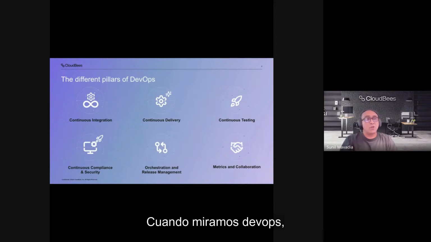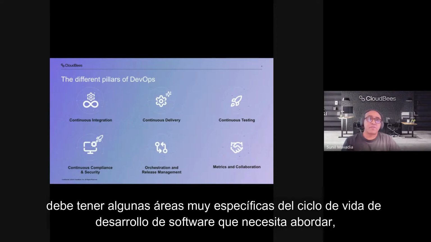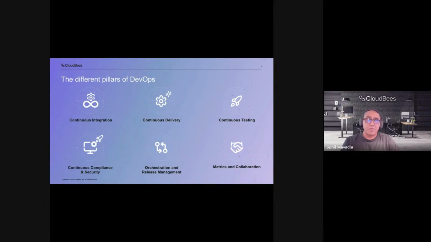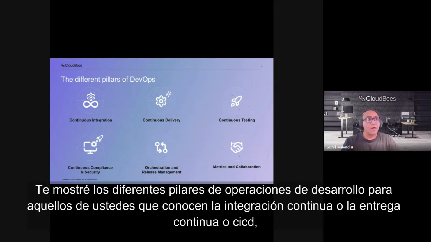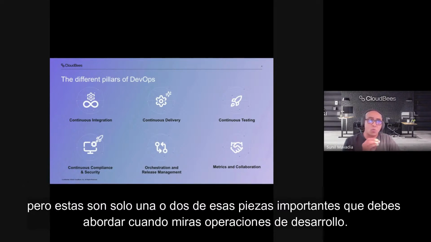As we look at DevOps, you have to have some very specific areas of your software development lifecycle that you need to address, right? What I'm showing you here are the different pillars of DevOps. For those of you that know continuous integration, maybe, or continuous delivery or CI/CD, well, those are just one or two of those important pieces that you have to address when you look at DevOps.